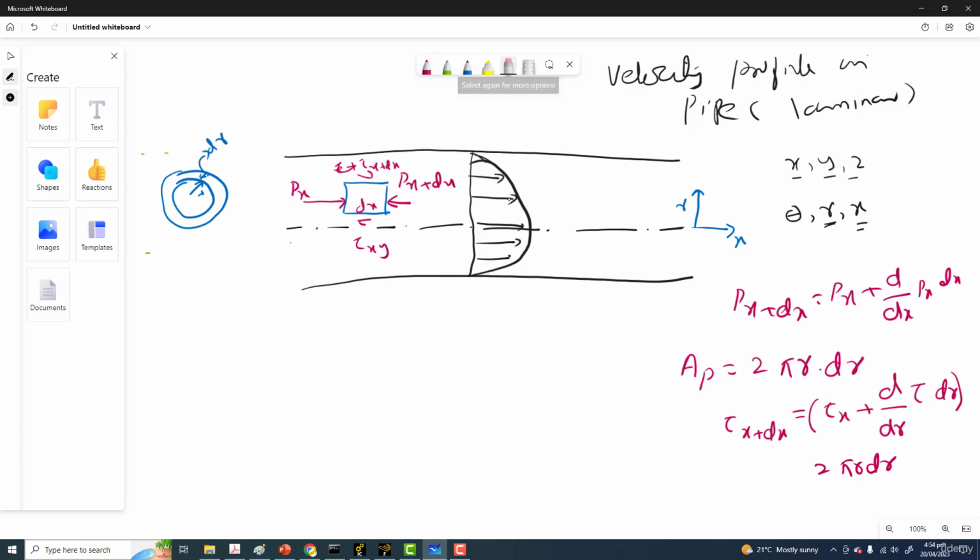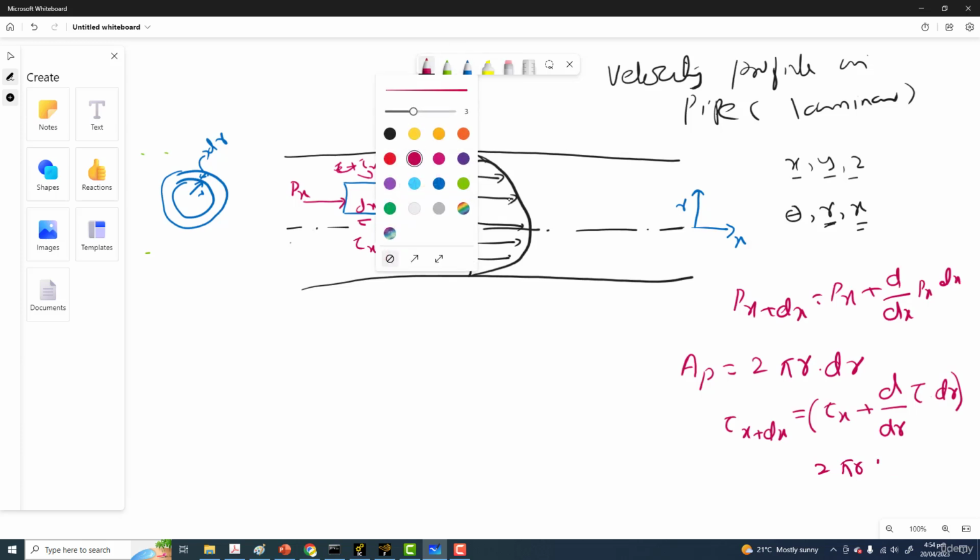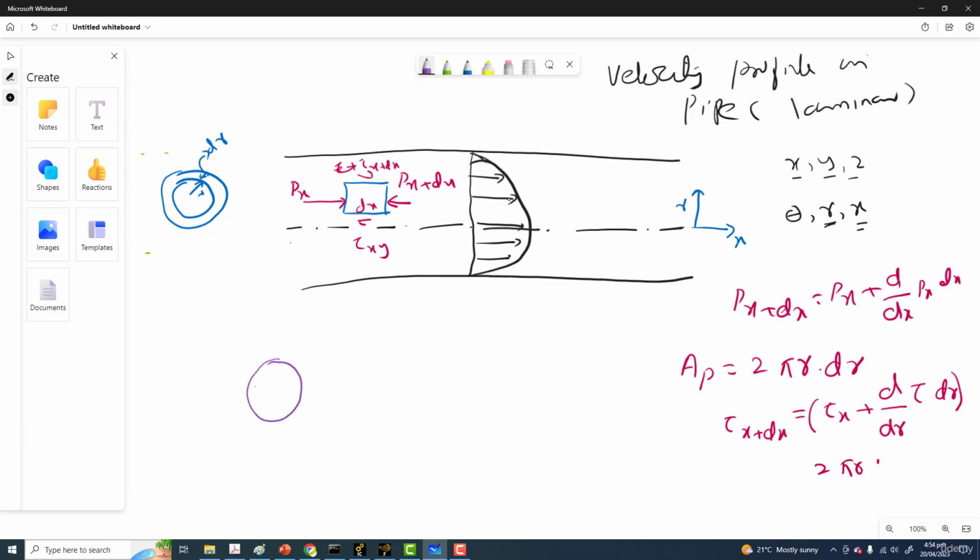Okay, there is a slight correction, so let me explain this. The area here would not be 2 pi r dr. For the axial location, we're talking about the 3D, so this will be equal to the one ring, and this one ring is extending like this.